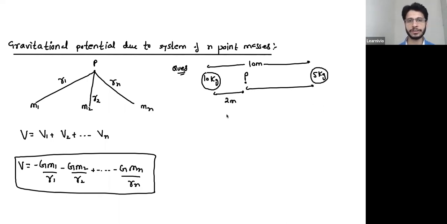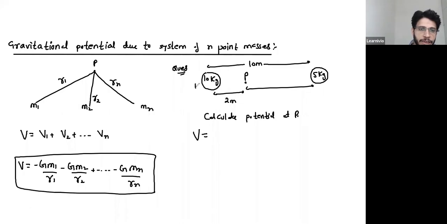You can calculate the other separation. Calculate potential at P. Let's call this mass 1, this mass 2. This separation would be 8 meter, right? The distance between both the masses is 10 meter. So net potential would be the sum of potential due to individual masses.